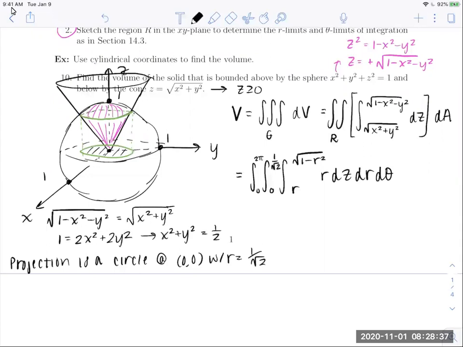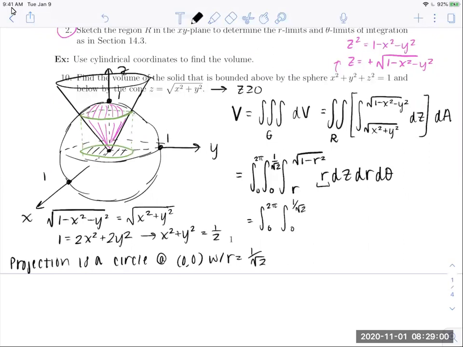All right, so here is the setup for my triple integral to find the volume. Let's go ahead and integrate with respect to z first. You'll notice that there is no z here. We're just integrating r, which is a constant.